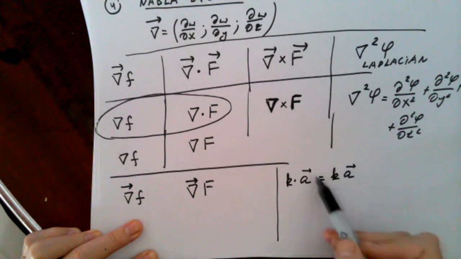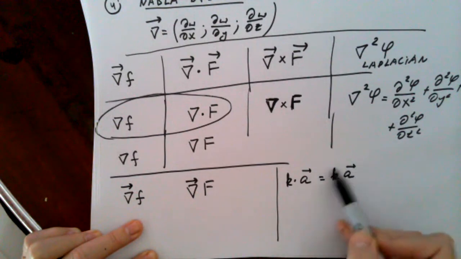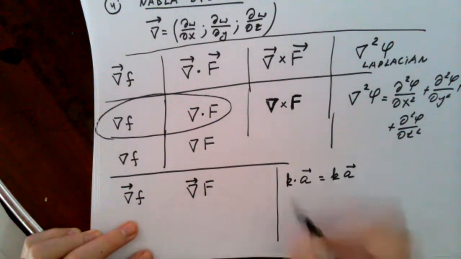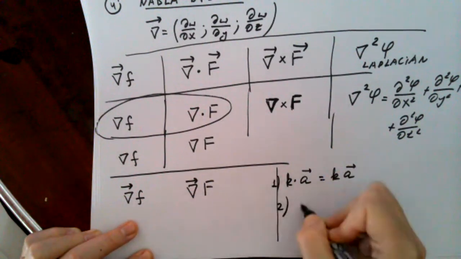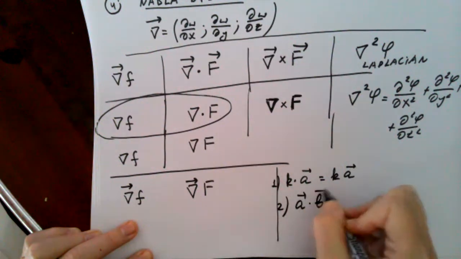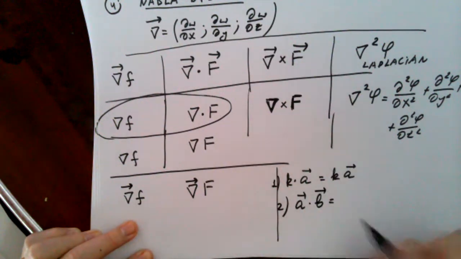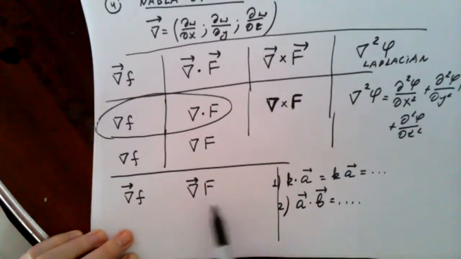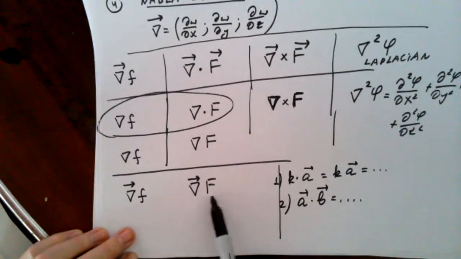This is the operation which means multiplying vector A by a scalar. So it might be this operation as well. And there is another operation which is the scalar product of two vectors. This is a different operation, of course. I'm not going to write it out, you already know this operation.